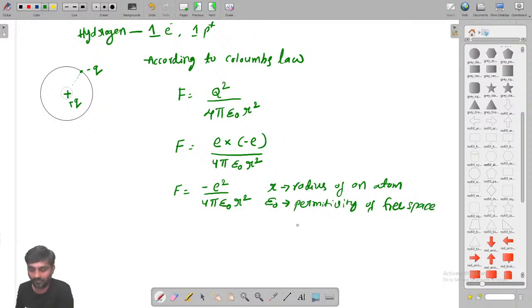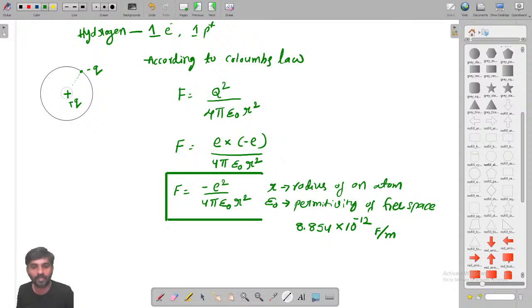It is 8.854 into 10 to the power of minus 12 farads per meter. So the force of attraction between these two is minus E square by 4 pi epsilon naught into R square.